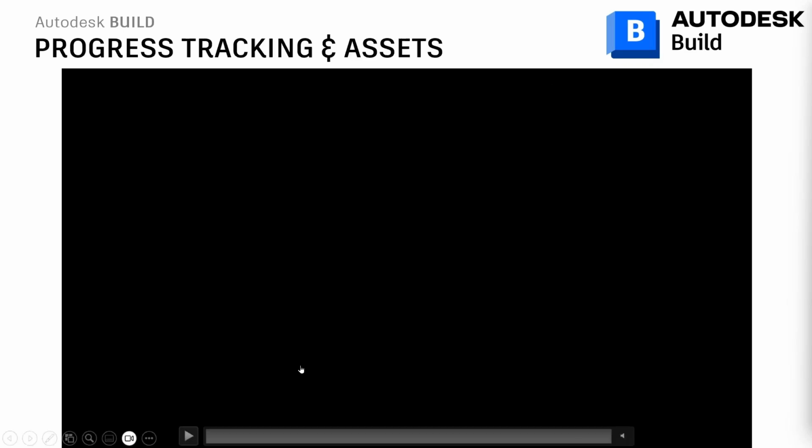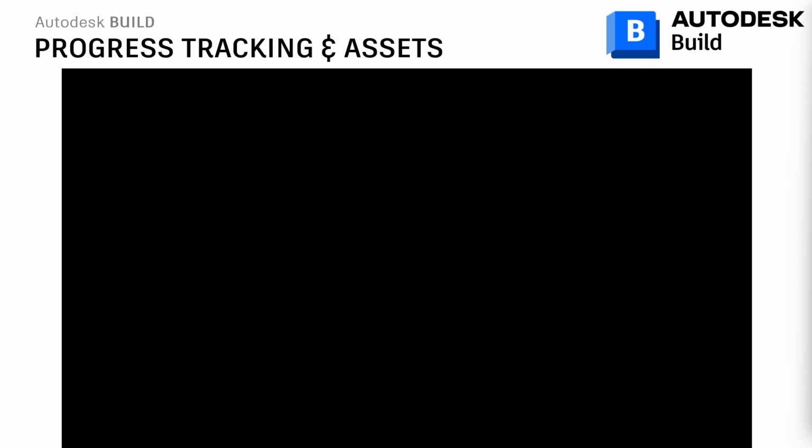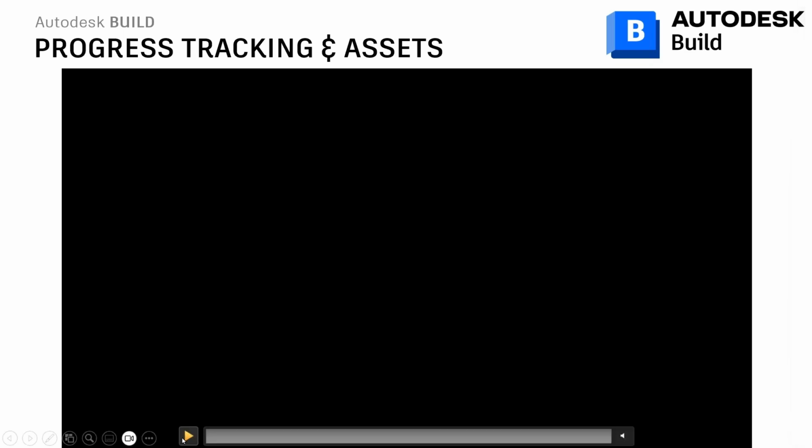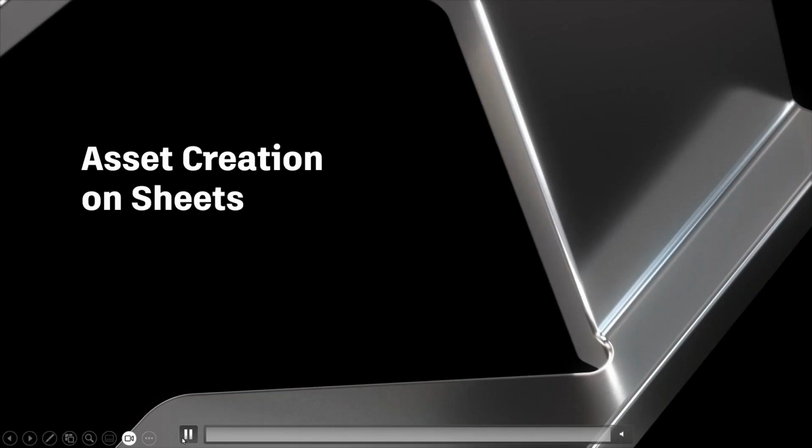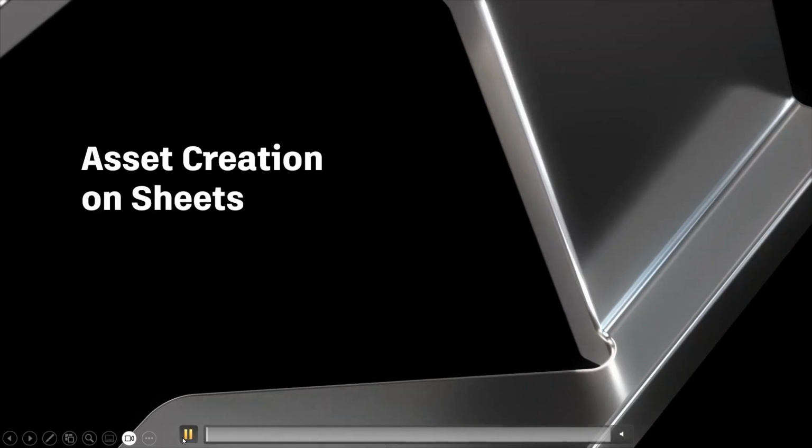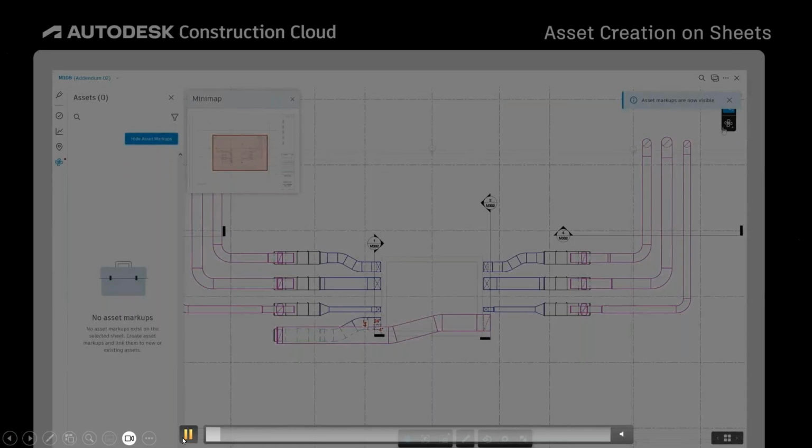Talking about assets, because now we're starting to talk about asset data, let's look at progress tracking and using assets. So in this scenario, you can also start to create some assets and pull some assets from your sheets.